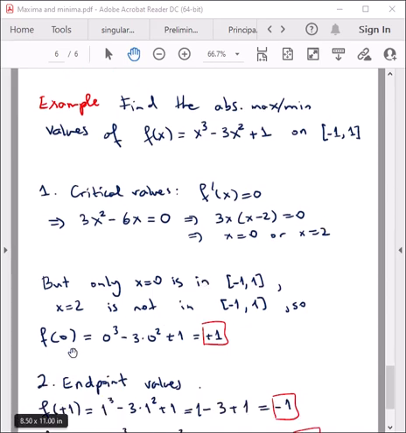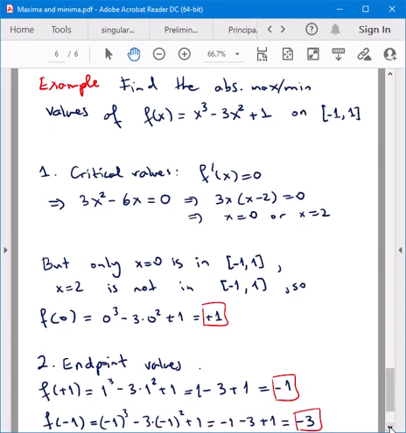So then we find the value at the critical point 0. We plug it into the function. The function is x cubed minus 3x squared plus 1. Plug 0 there: 0 cubed minus 3 times 0 squared plus 1, which is equal to plus 1. Okay, so this is the critical value at 0. Then check the endpoint values, which are minus 1 and 1.